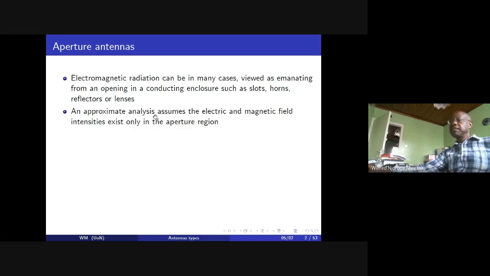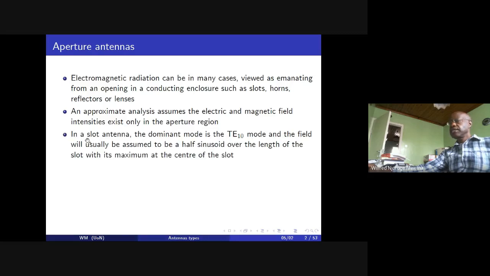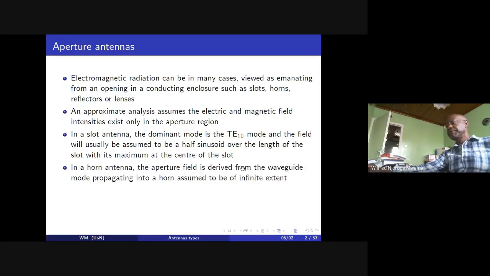An approximate analysis for aperture antennas assumes that the electric and magnetic field intensities will exist only in the aperture region. In a slot antenna, the dominant mode is the waveguide mode, which is the TE10 mode, and the field will usually be assumed to be a half sinusoid over the length of the slot, with its maximum at the center of the slot, where we are assuming that we connect our generator.